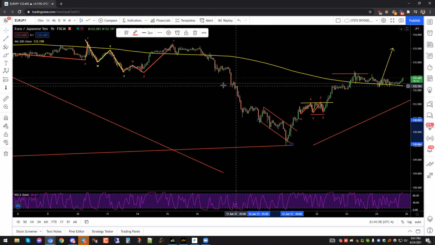So Lawanda was able to get out somewhere around this area here. Okay, so that was a good exit, not too bad, but it looks like you were exiting this trade around 5, 6 o'clock, around that time.